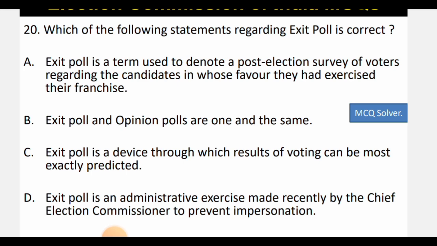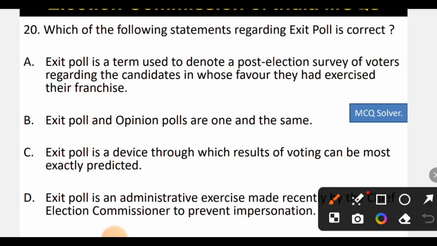Statement B, exit poll and opinion polls are one and the same. Statement C, exit poll is a device through which results of voting can be most exactly predicted. Statement D, exit poll is an administrative exercise made recently by the Chief Election Commissioner to prevent impersonation.